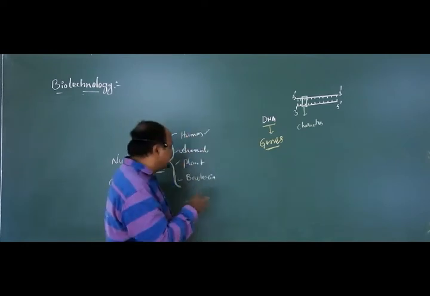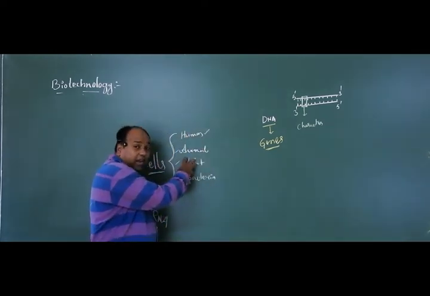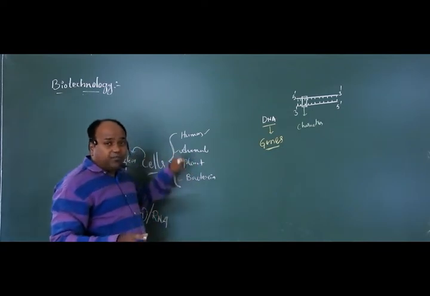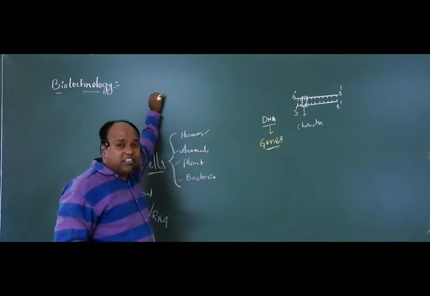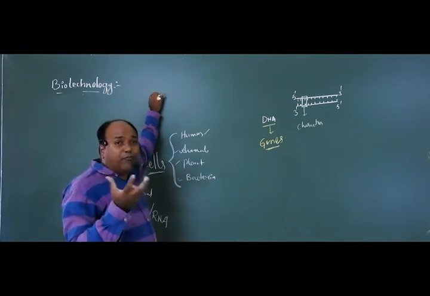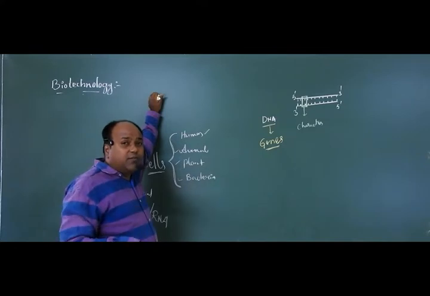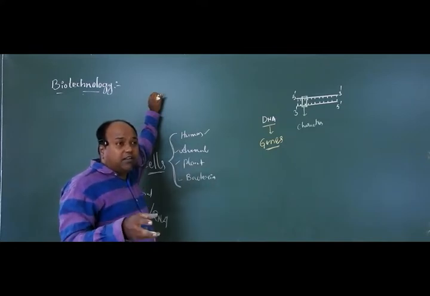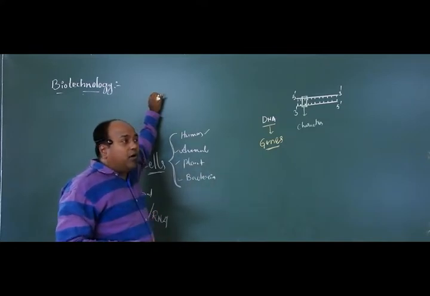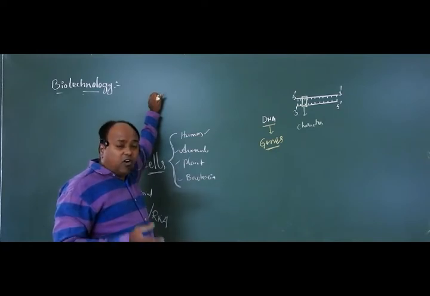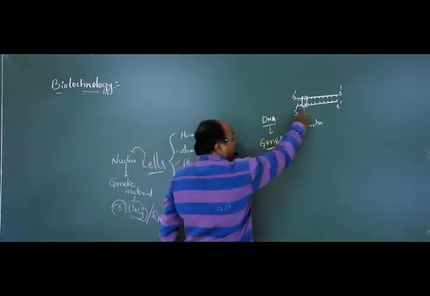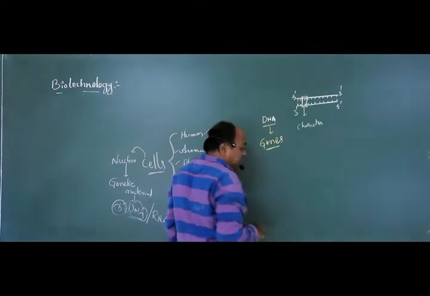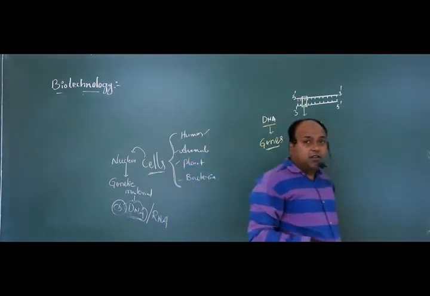Coming to the plants: size of the plant, the type of stem, type of leaves, inflorescence, type of flower, type of fruit, and type of root system, either a taproot system or a fibrous root system. All these are the characters of a plant. All these characters depend upon the genes present on the DNA. Got my point?